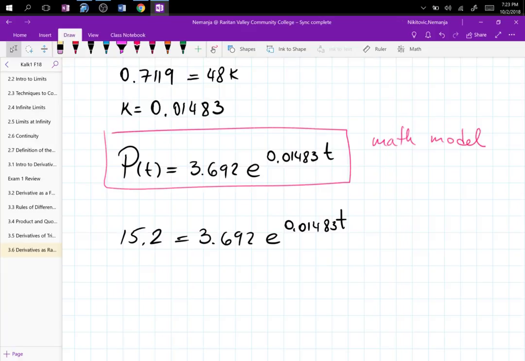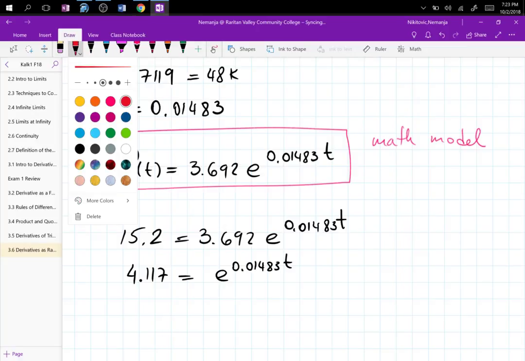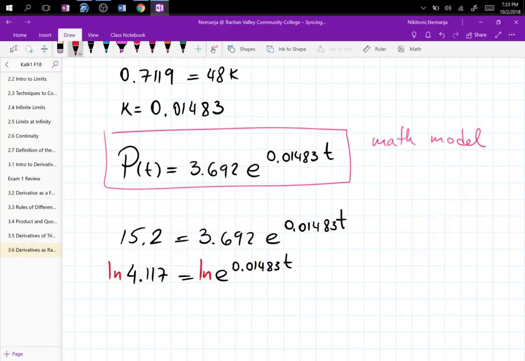Divide 15.2 by 3.692 to get 4.117 equal to e^(0.01483t). You ln both sides. So now we take the ln of the answer to get 1.4151.